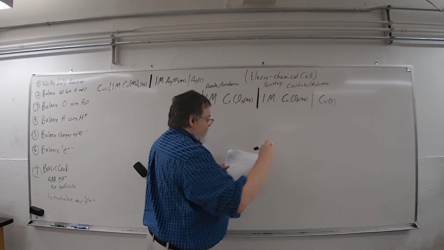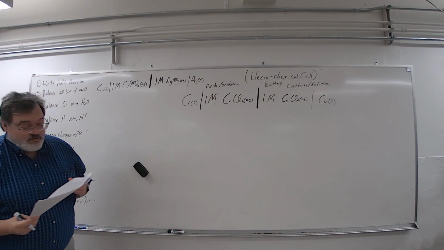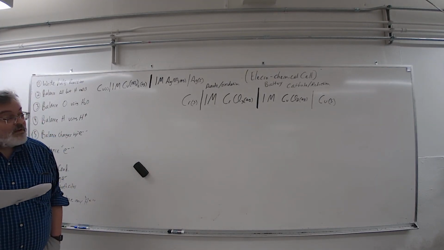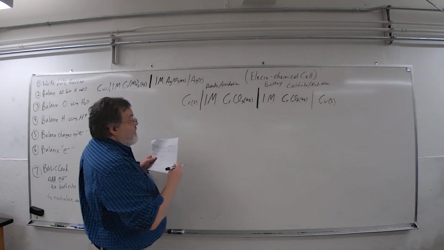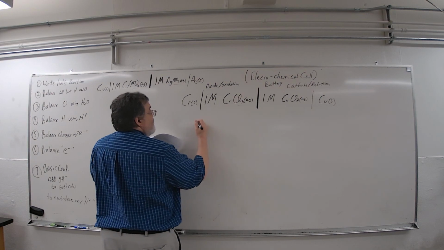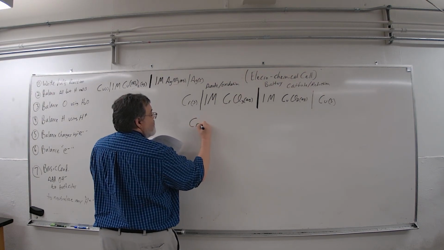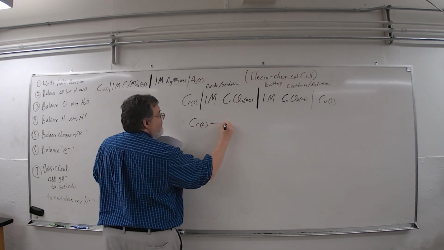So reduction is going on at the cathode, oxidation is going on at the anode. Could you do that? First of all, the half reactions. So if you kind of ignore the Cl, what if I said, here's one of the half reactions.